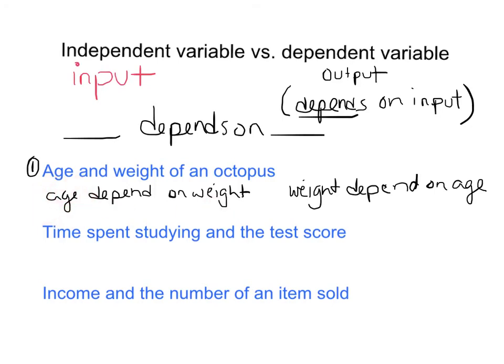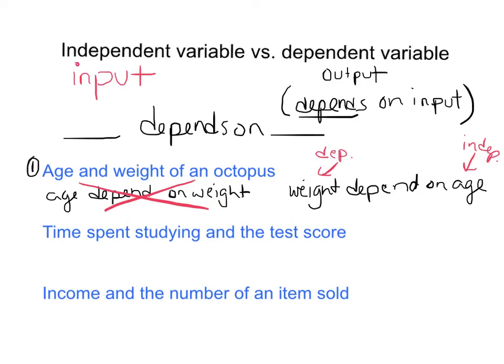Your age won't change because of your weight. So I'm going to cross off this one. But if I look at my second statement, weight depends on age. Well, yeah, if you're dealing with a 1-year-old child versus a 10-year-old child, I would hope that the 10-year-old weighs more than the 1-year-old. So because of this, weight is the dependent and age is the independent.